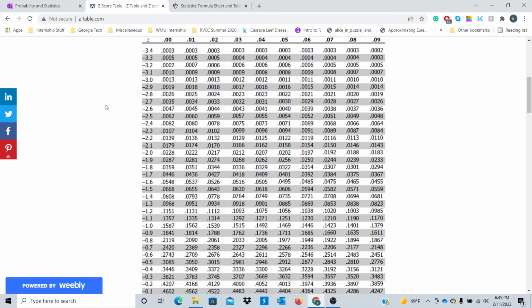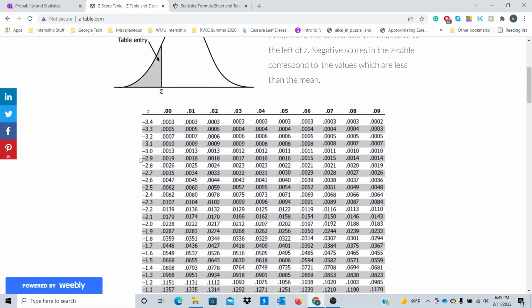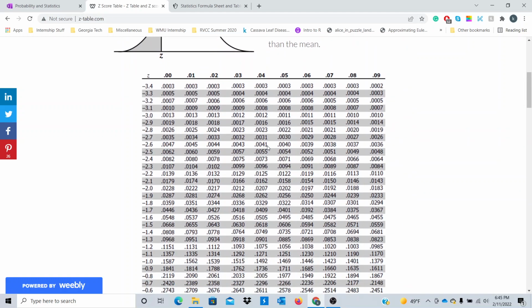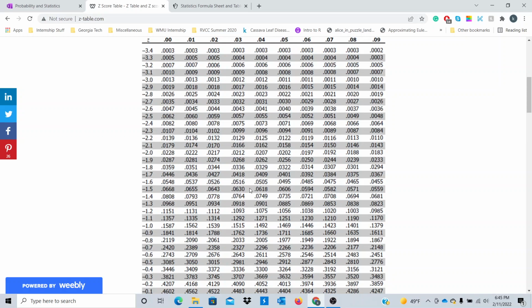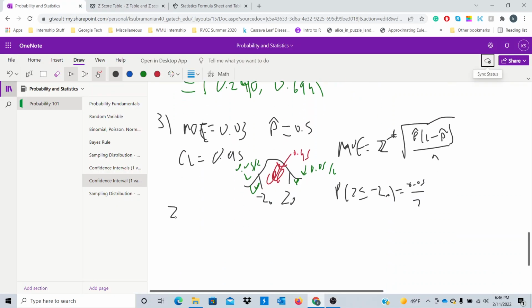So we use our z table. We know that 0.05 divided by 2 is 0.025. So we need to look in this table and look for where 0.025 appears. And we see here that 0.025 appears right when z is negative 1.96. So in this case, we know that z naught equals 1.96. So z star will equal 1.96.